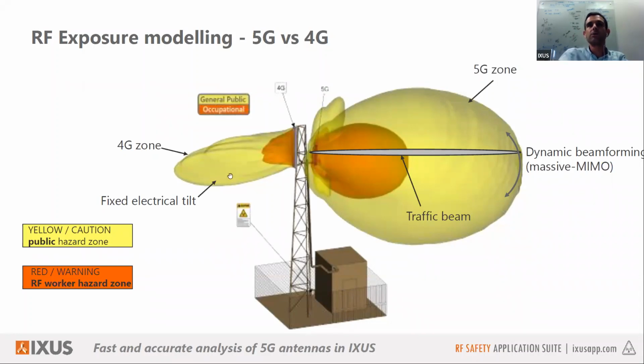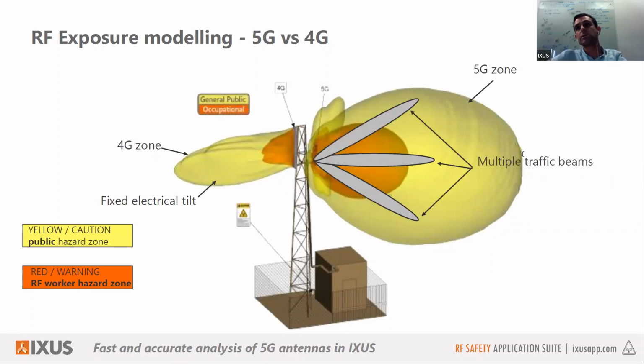This is as opposed to fixed electrical tilt LTE systems or 4G antennas. So this is what we need to account for: the fact that we've got a beam and that beam can be steered anywhere in space. Not just that, the systems can also form multiple of these traffic beams. Obviously, then power will be reduced. And I will show you a little bit later in IXUS, in the slides, how a user can accommodate for that factor.